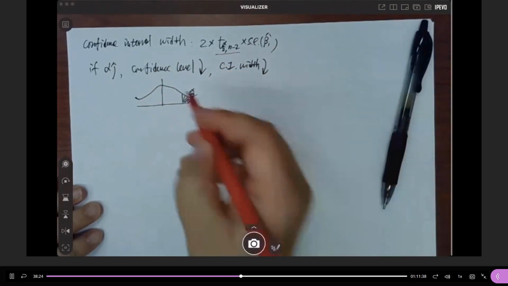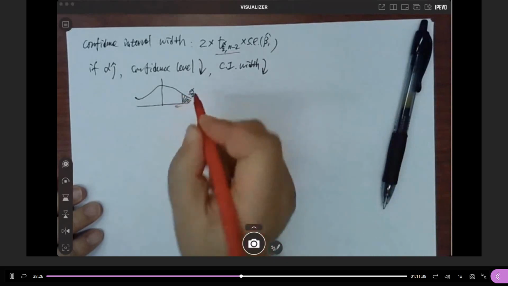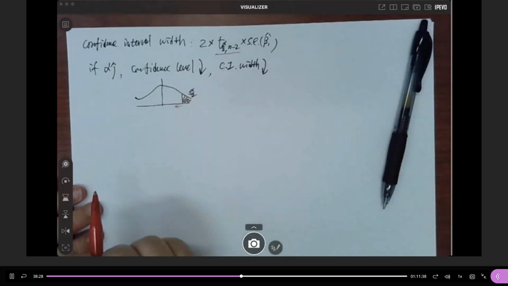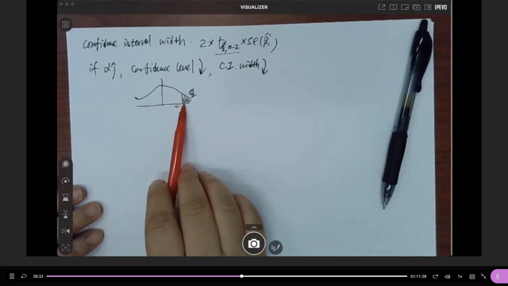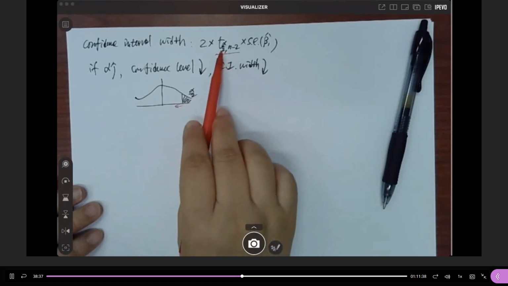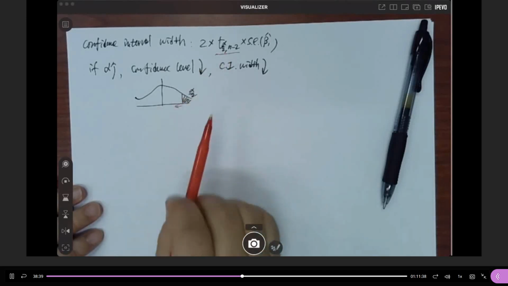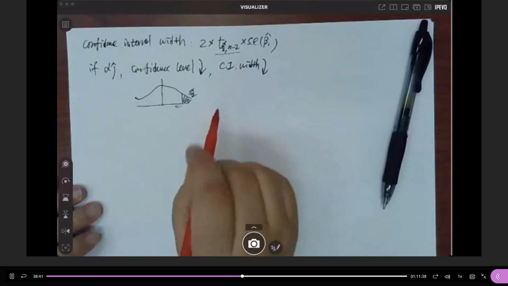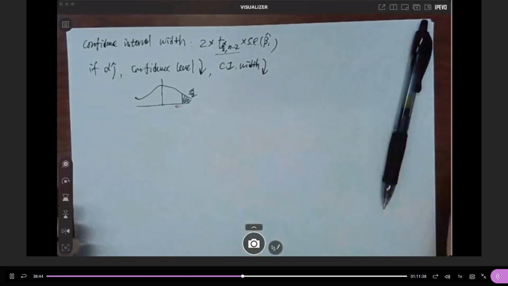As alpha increases, this cutoff value will move closer to 0, in order to give it more area. That basically means this t value will become smaller. Your confidence interval width will decrease, okay?